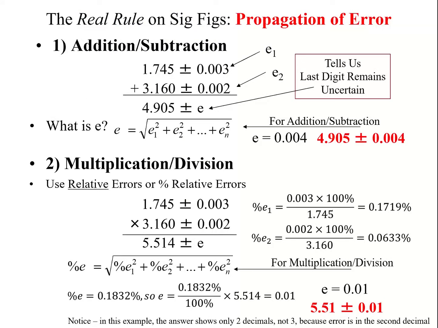Suppose we want to perform some addition and/or subtraction. So we have two numbers, and each of these numbers has some uncertainty. Both of these have experimental uncertainties, and these are shown as E1 and E2. So let's say I added these two numbers, 1.745 plus 3.160, and I obtained my final answer. But what is the uncertainty associated with this answer? For addition and subtraction, the uncertainty in the answer is obtained from the absolute uncertainties of the individual terms, according to the following formula.